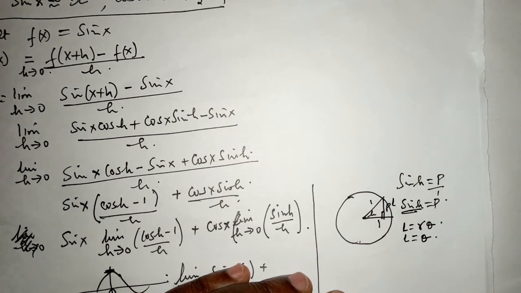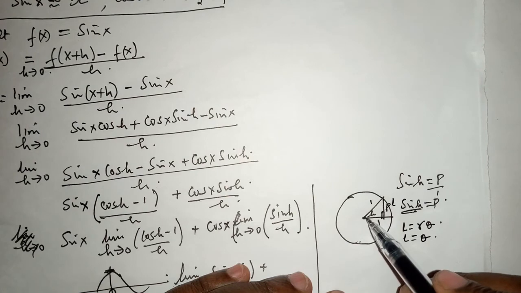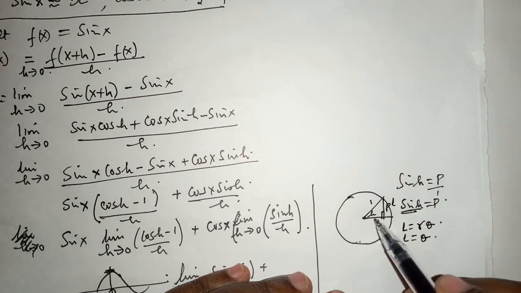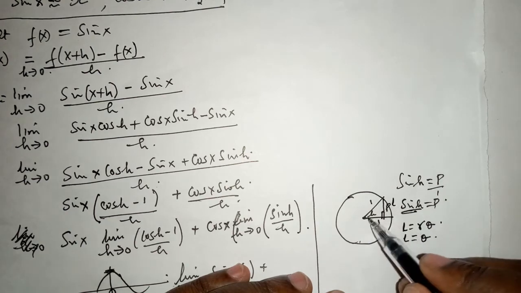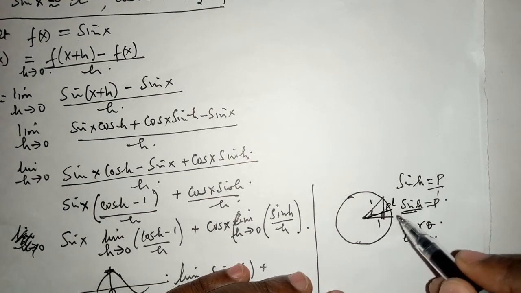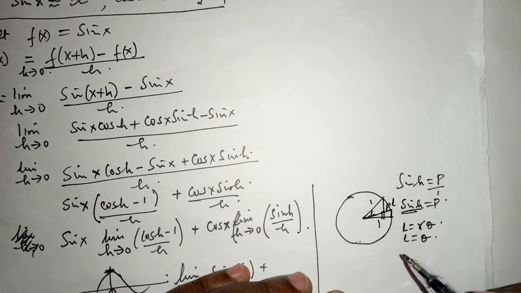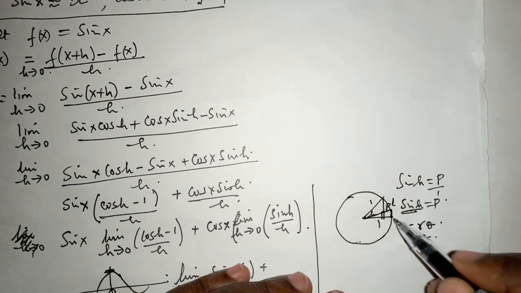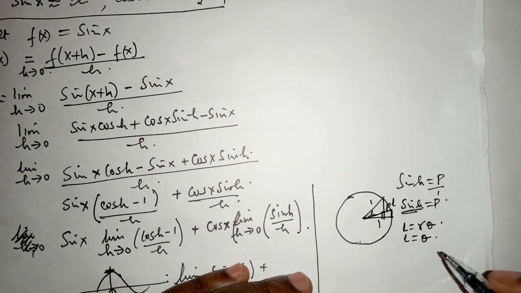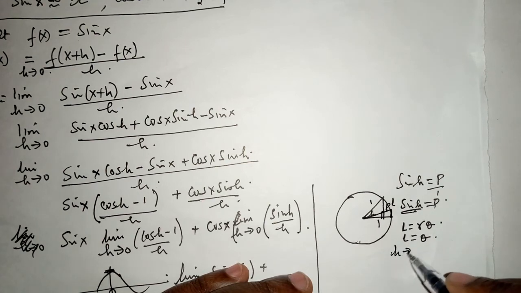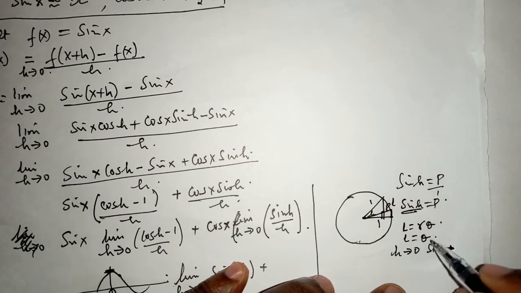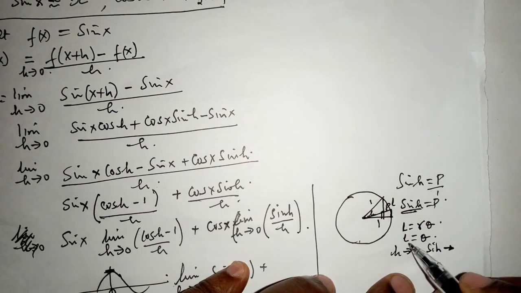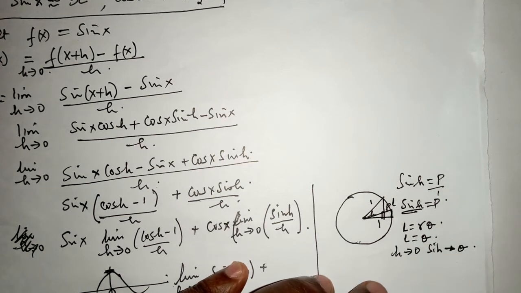And you can see, as h becomes very small, this perpendicular height, which is p, will almost equal the arc. So as h approaches 0, the sine of h will be approaching L, which is theta.